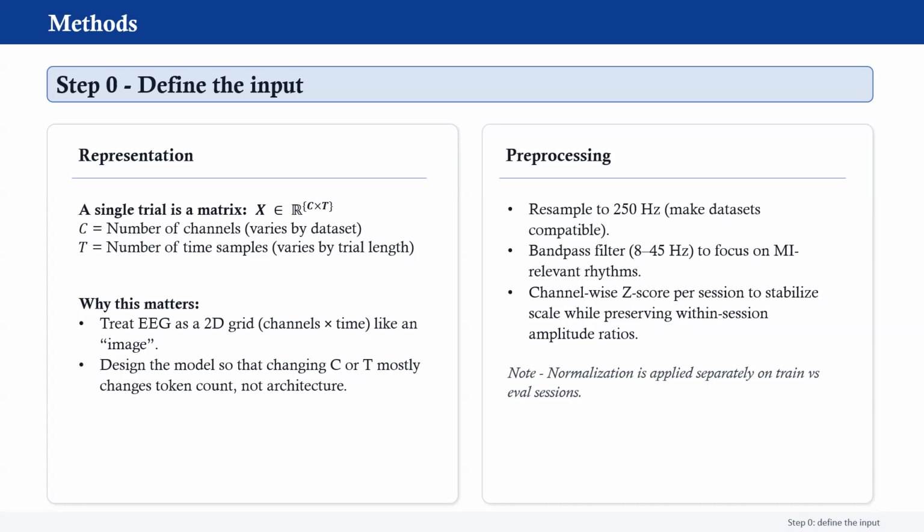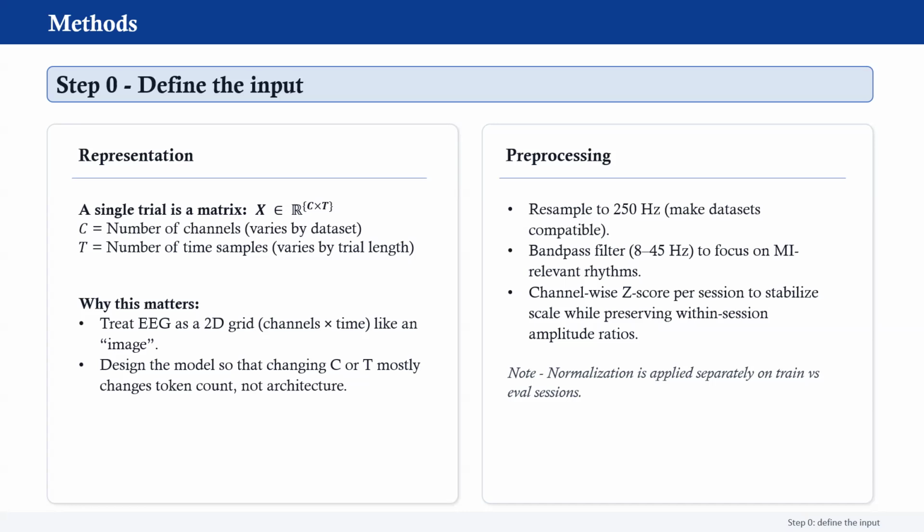Now, the range in which you bandpass filter entirely depends on the task at hand. The data sets that they have chosen are all motor imagery related. In motor imagery, the participants are presented with a visual stimulus, and depending on the stimulus, they have to make certain movements. This can be moving their right hand, or moving their left hand, or right foot, left foot, and so on. So they are motor tasks.